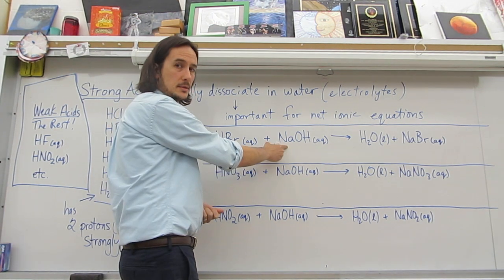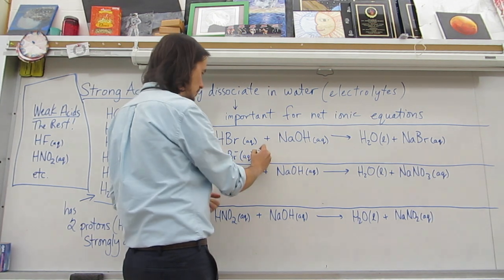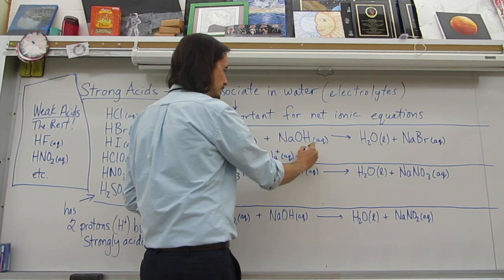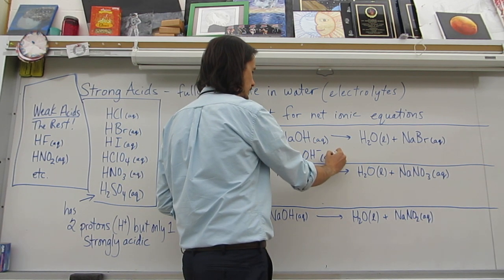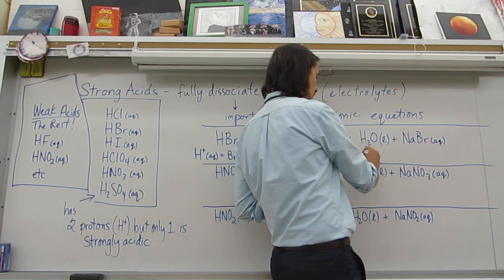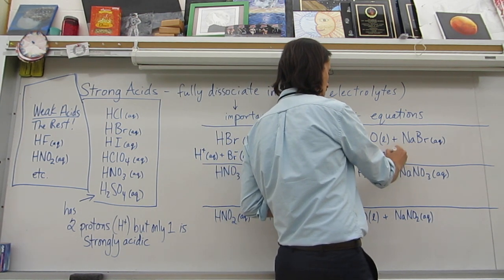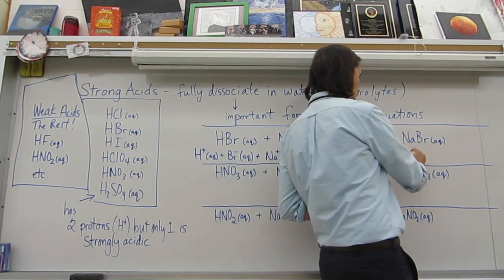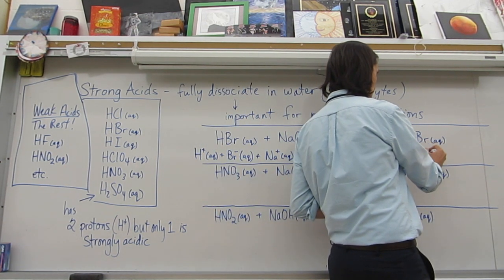It's a sodium compound. They dissolve very well, so we split that apart into the ions. You got water. You're going to leave that together because it's a liquid. And sodium bromide is aqueous. We split it apart.